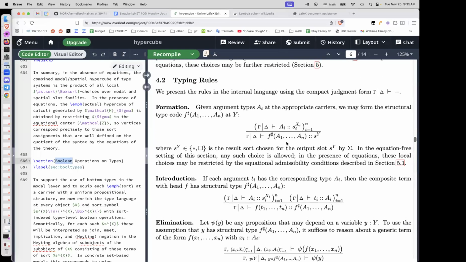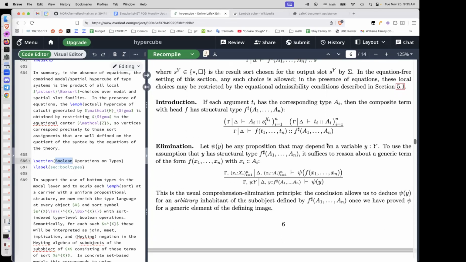So then typing rules, formation is straightforward. We get to choose types for each of those holes, and then we say this is something that uses F as the topmost node, and its children have these shapes or behaviors.